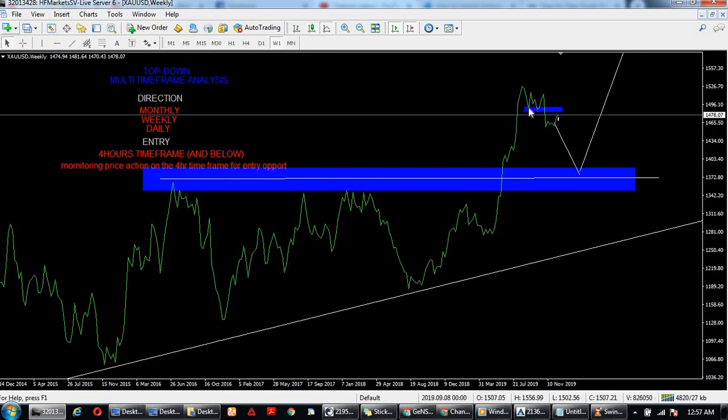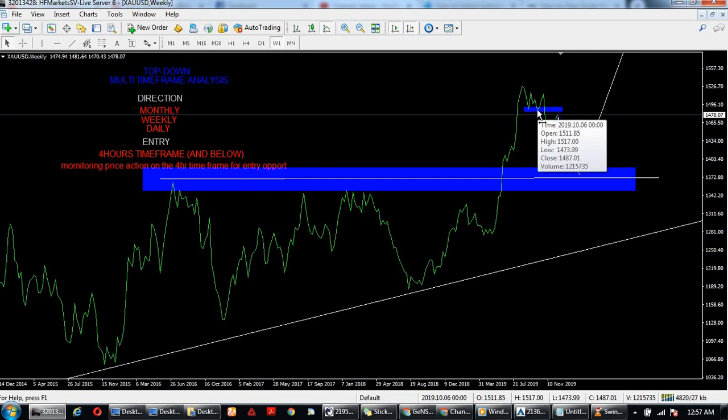Yes, so we can see this is the close of the candlestick. The line chart helps us get our candlestick closes much better. We can see price closed. So yes, there is a support.